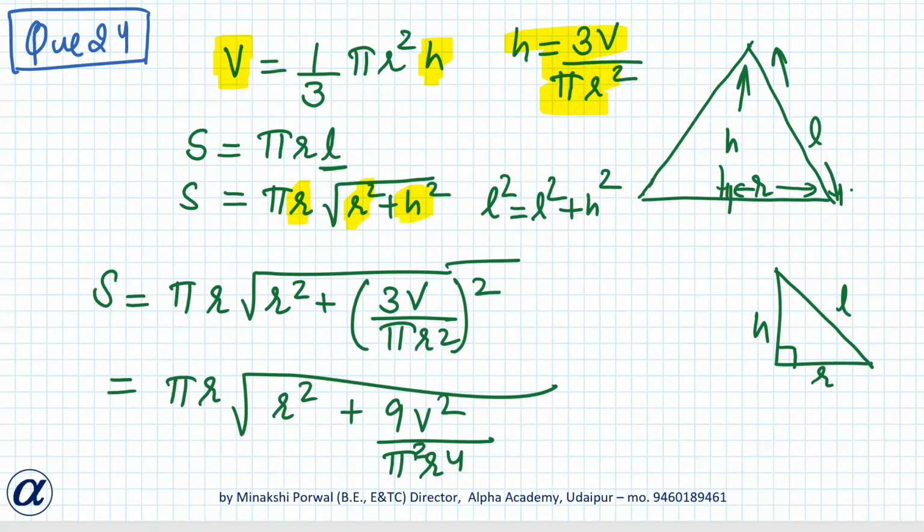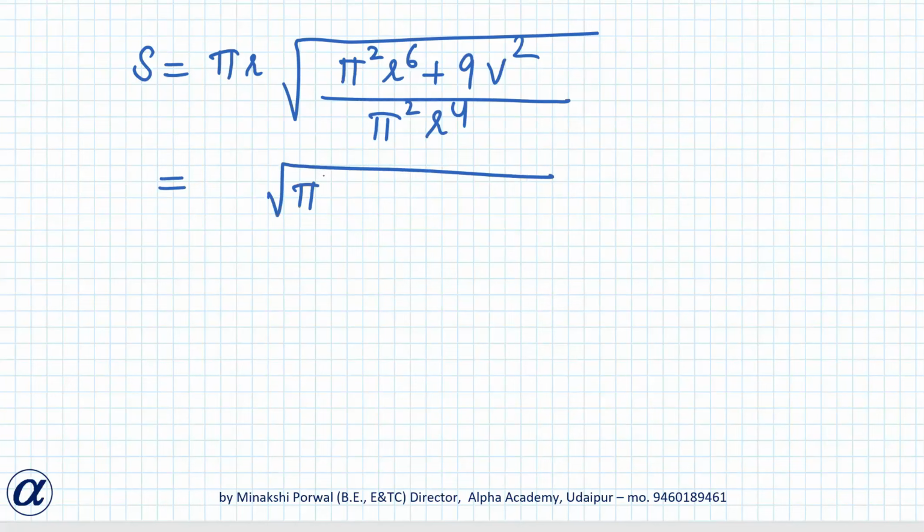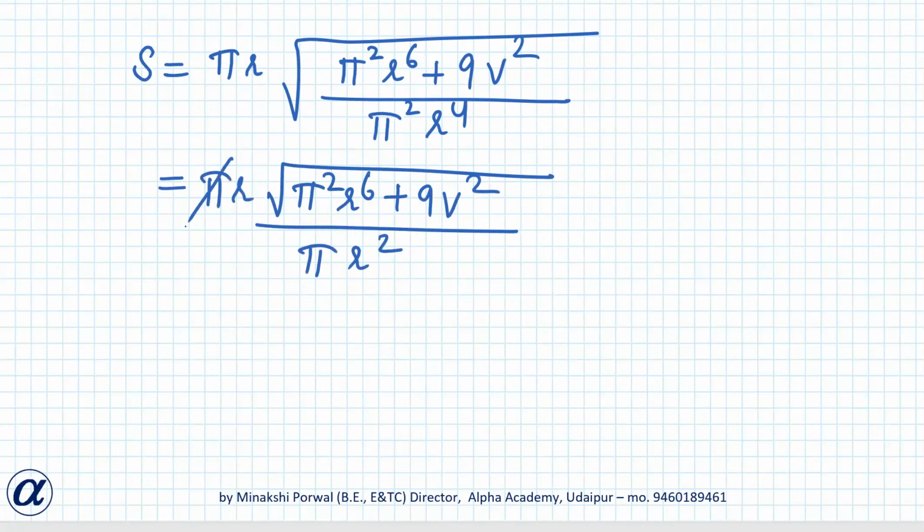Further we can write it as pi r under root of pi square r to the power 6 plus 9V square upon pi square r to the power 4. So pi and pi cancel, r and r cancel. So in denominator we have only r.